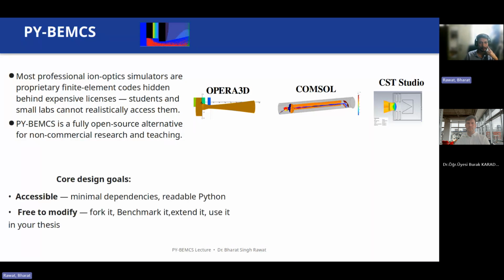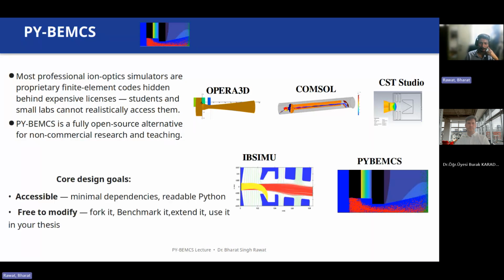There are also some free software available like IBSIMU. There is Vorpal as well, which is a full PIC code. But the learning curve for these codes is quite high. If you don't know C++ or any other language like Fortran, it becomes a bit challenging, and you spend a lot of time in learning this code.